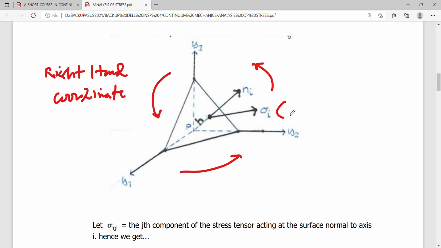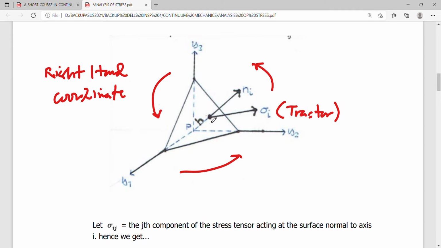We now consider a traction vector or stress vector, sigma i, upon which the orientation is reckoned from a normal vector n i.